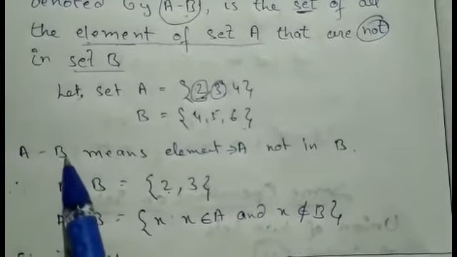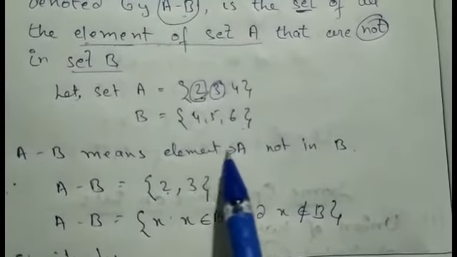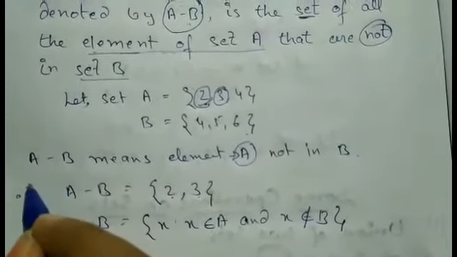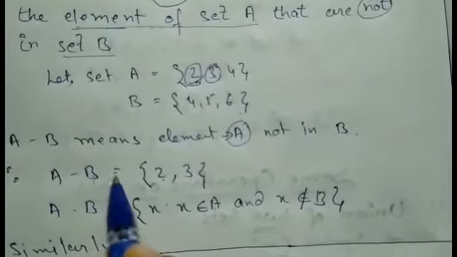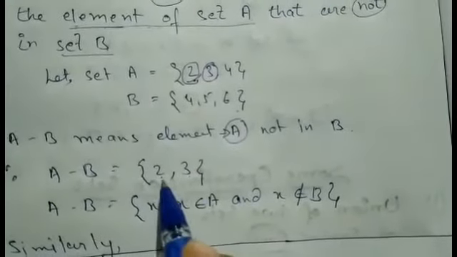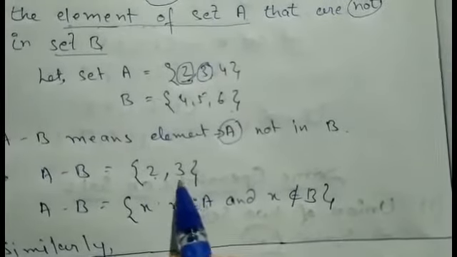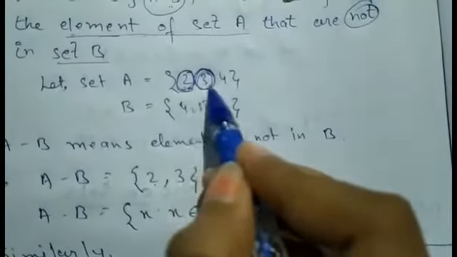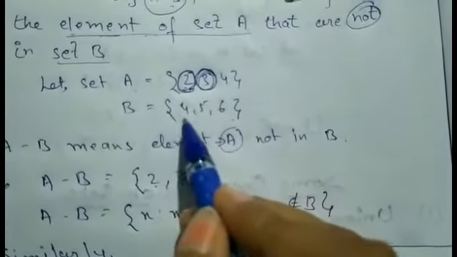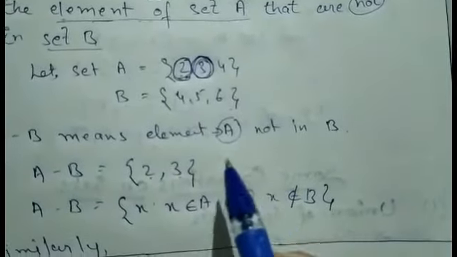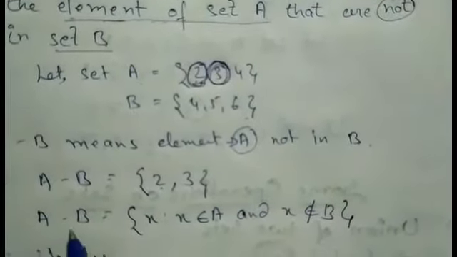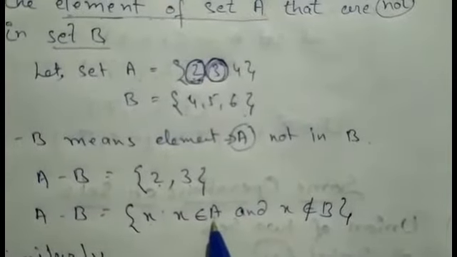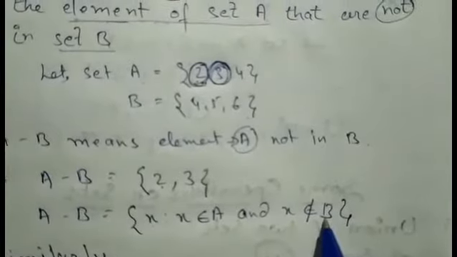Now A minus B means elements which are present in set A but not in set B. Therefore, A minus B is equal to 2 and 3, as 2 and 3 are the only elements present in set A but not in set B, and mathematically it is represented by x, element x which belongs to set A but does not belong to set B.